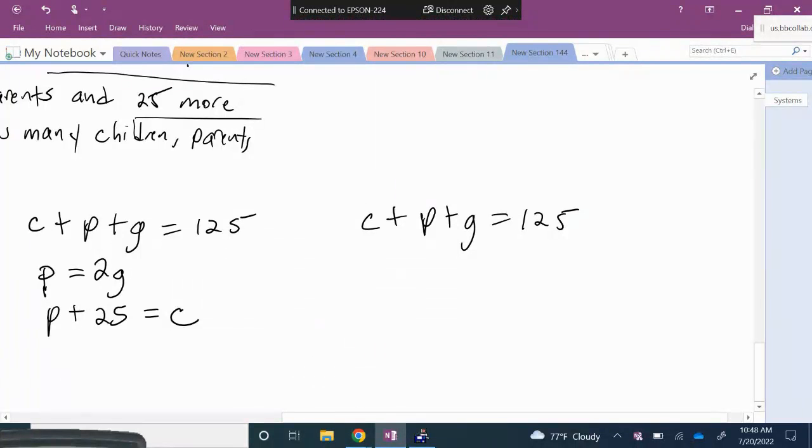Like in the first problem, I put everything on the right-hand side. Here you can put everything on the left or the right. You just want to make sure when you move elements across the equal sign that you change your sign. So here I'm going to subtract P from both sides, so I'm going to have negative P plus 2G is equal to 0.